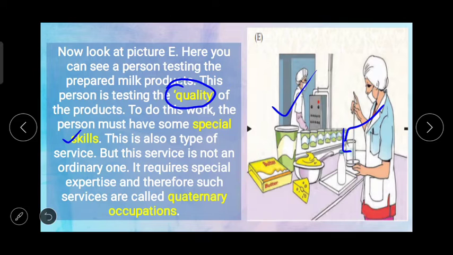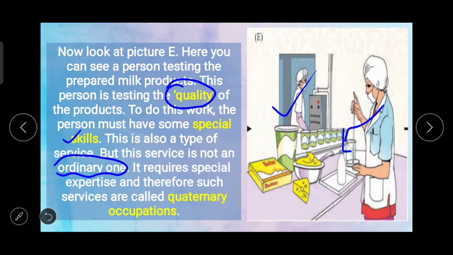Everyone cannot do this. हर कोई ये नहीं कर सकता. उसके लिए प्रॉपर स्किल्स चाहिए, या फिर जो भी एजुकेशन है, क्वालिफिकेशन है, वो चाहिए. जैसे ट्रांसपोर्टेशन, anyone can do, जिसे गाड़ी चलाना आ रहा है, लोडिंग अनलोडिंग के लिए लोग हैं, वो ये कर सकता है. But testing is not the work which everyone can do. So this is also a type of service, but this service is not an ordinary one.